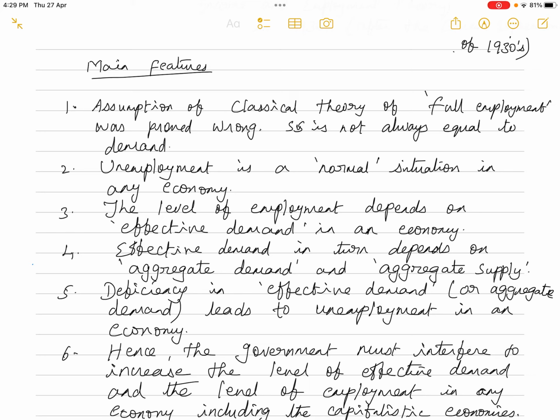Even if there is a temporary unemployment in any economy, over a period of time full employment will be restored.